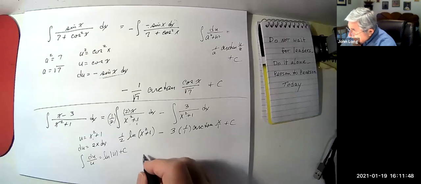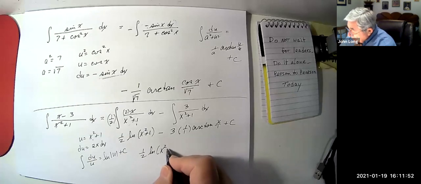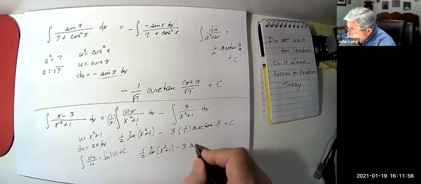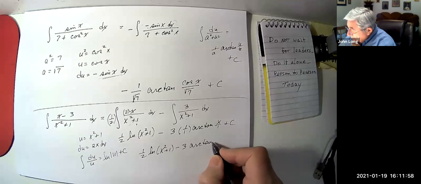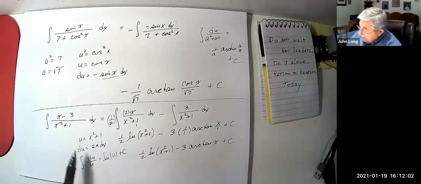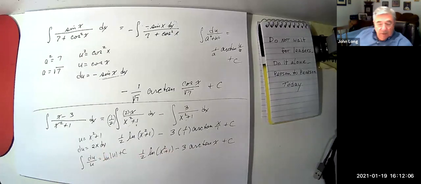And so we're finished. 1/2 ln of x squared plus 1 minus 3 arctan x plus c. But an interesting problem, because it's got an interesting technique of how you can sometimes split that numerator up.